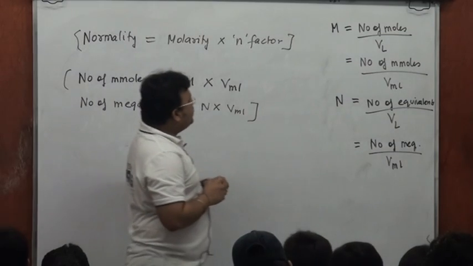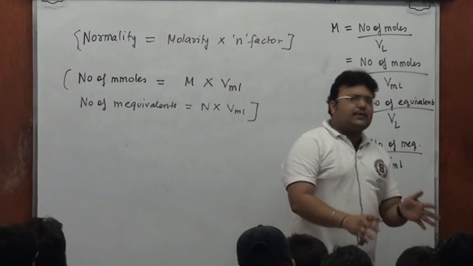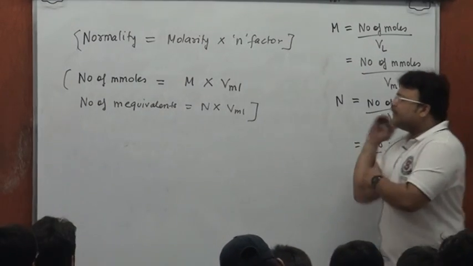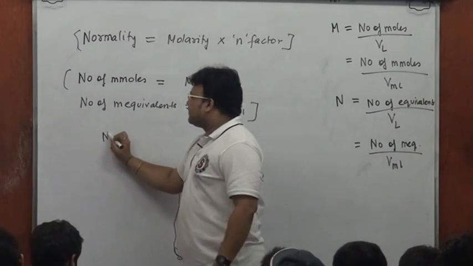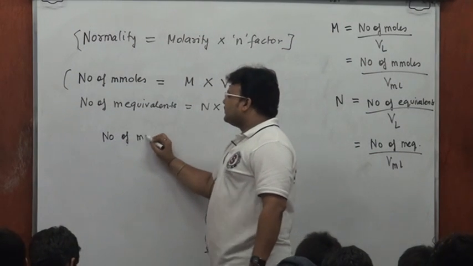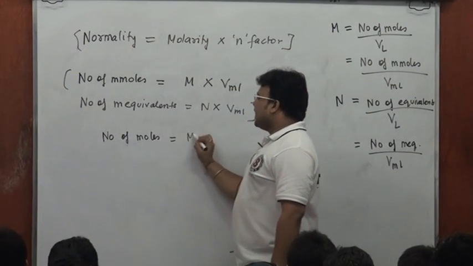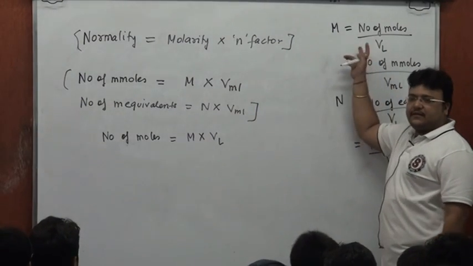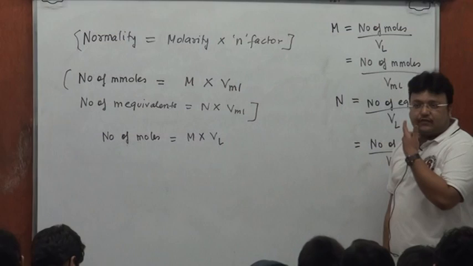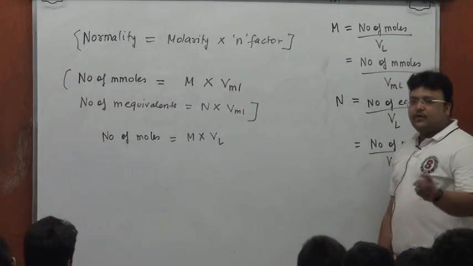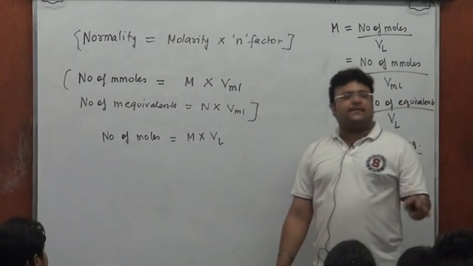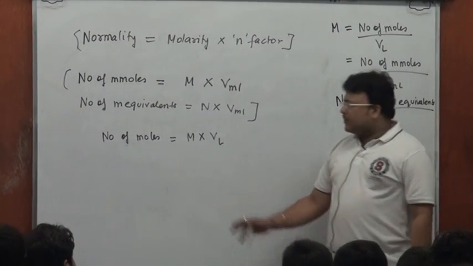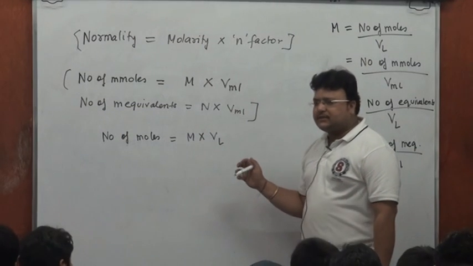Number of moles is molarity into volume in liters. So I'm just performing a cross multiplication. If they wanted to find number of moles of sulfuric acid in 5 liters of 2 molar solution, got me? So number of moles will be molarity into volume in liters.